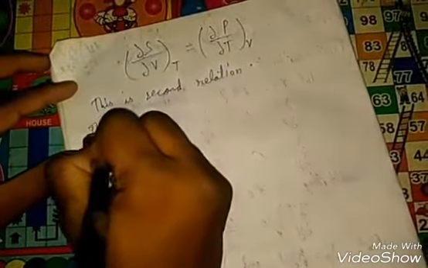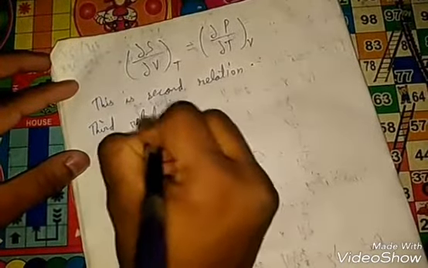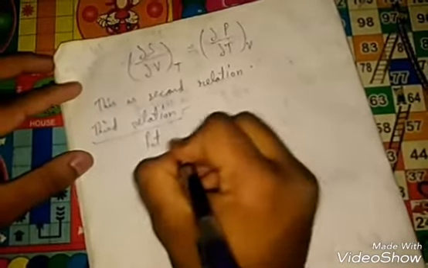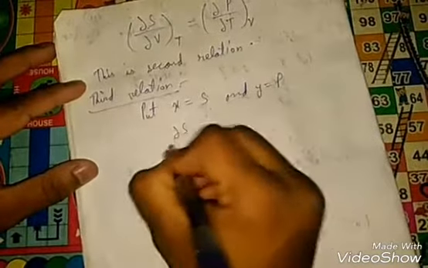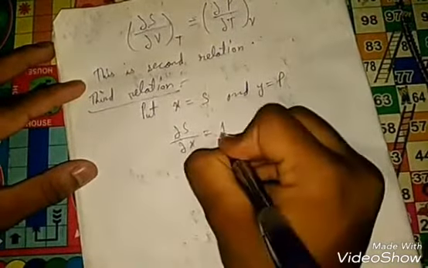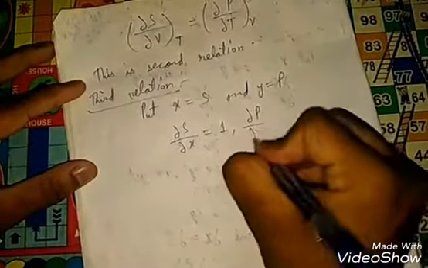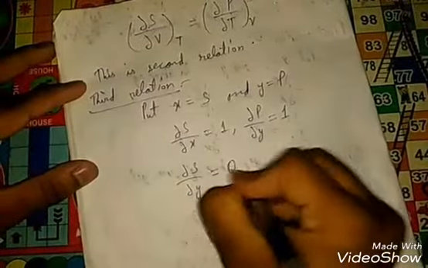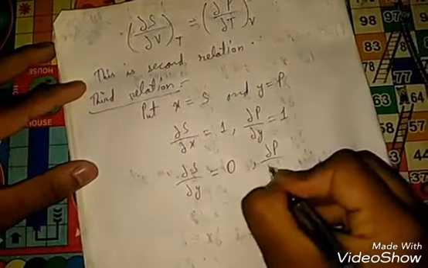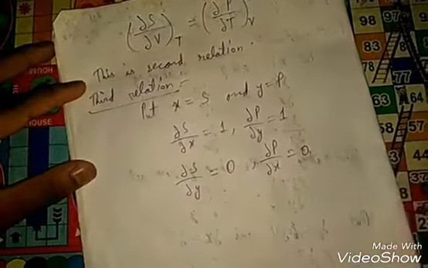Now for the third relation, we put x is equal to s and y is equal to p. Now when we put x is equal to s, we get del s by del x is equal to 1, and del p by del y is equal to 1, and then del s by del y is equal to 0, and del p by del x is equal to 0.